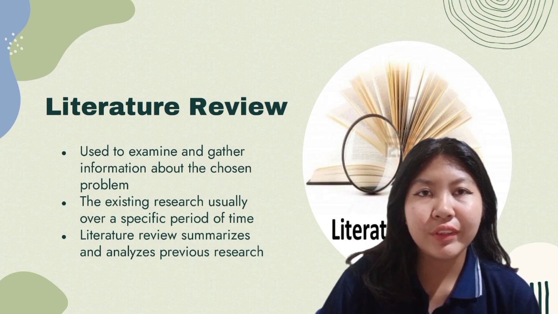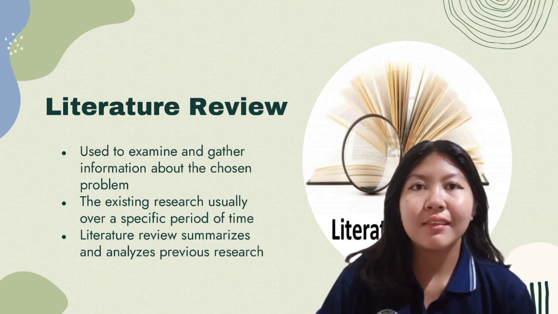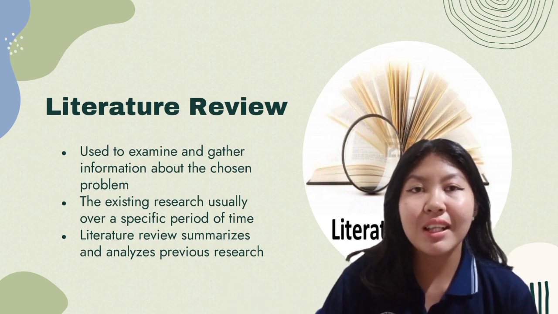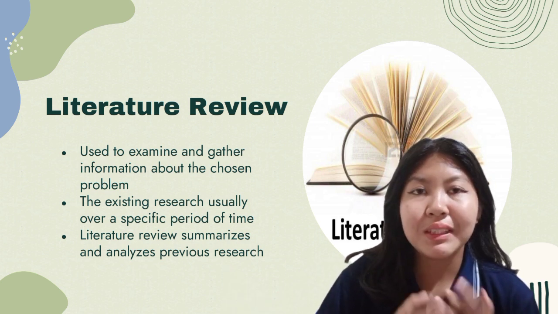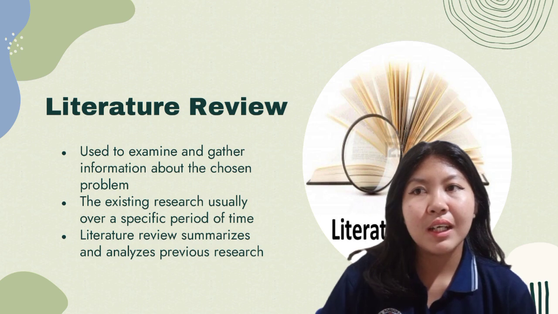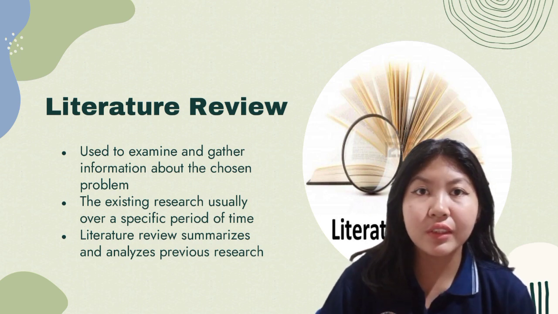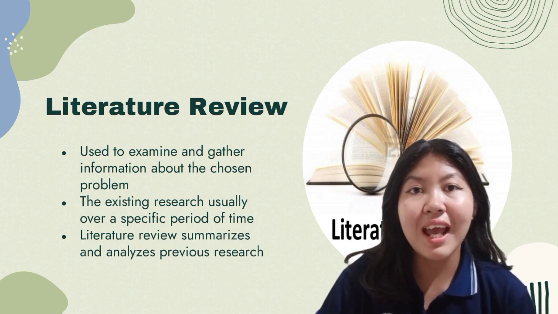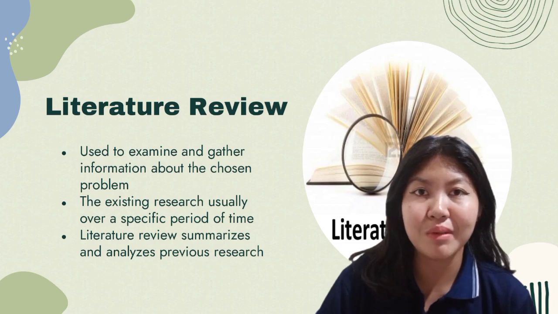In short, the literature review summarizes and analyzes previous research which is relevant to our topic. Besides that, it helps us as researchers keep up to date with current trends and findings. So that's all for my material, and the next point will be presented by my friend.